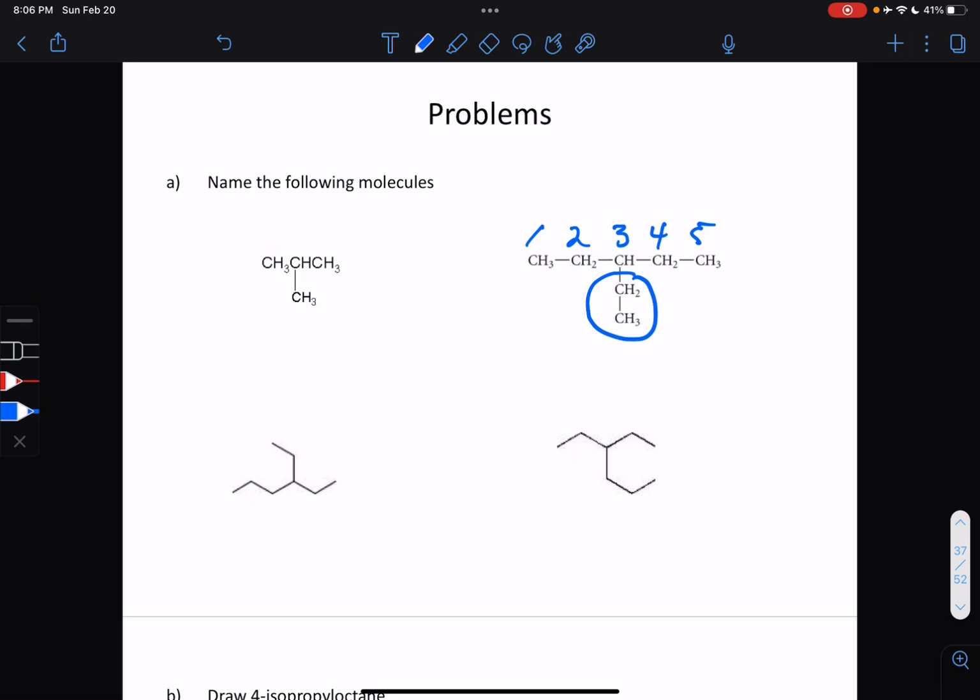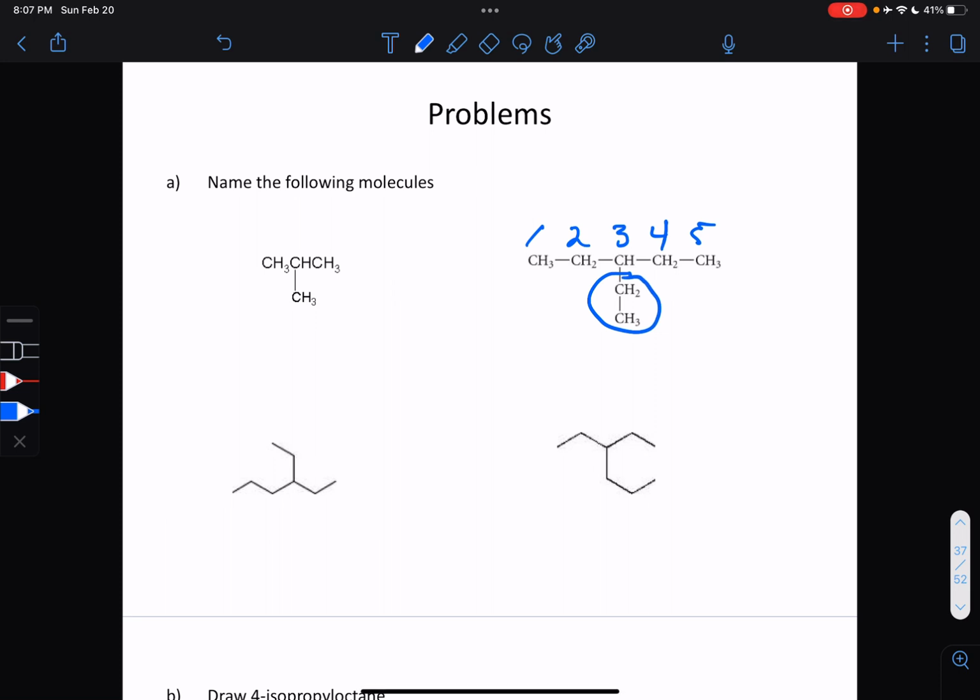Never, never, never include the carbon that is part of the principal chain. This carbon right here belongs to this chain right here. So you're going to want to draw your circle around the branch, going through the bond right there. I'm getting a little bit too much in this picture, so I'll do a little bit of erasing there. Okay, so this is the branch right here.